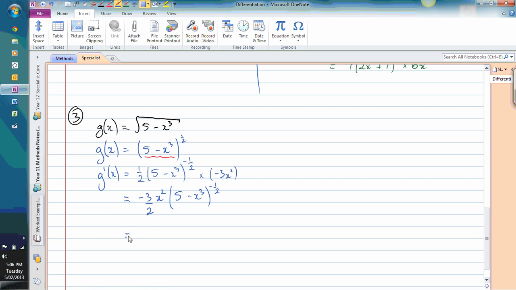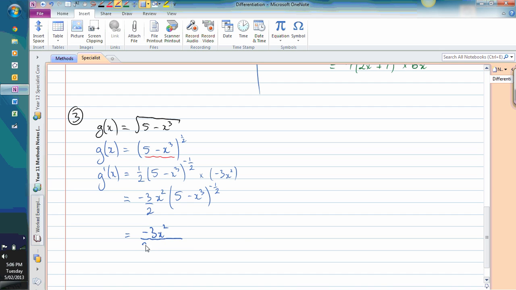And if you want to tidy up and get rid of the negative index, we can rewrite this negative 3 on 2. Actually, let me try that again. We can rewrite it as negative 3x squared, because that part is on the top of the fraction, and the denominator will have a 2 in it, and it'll have this 5 minus x cubed to the power of 1/2.